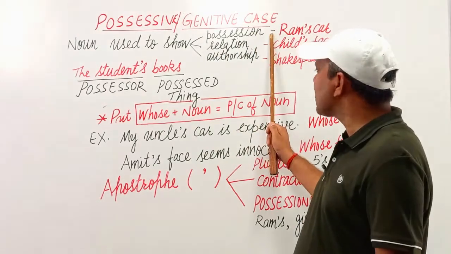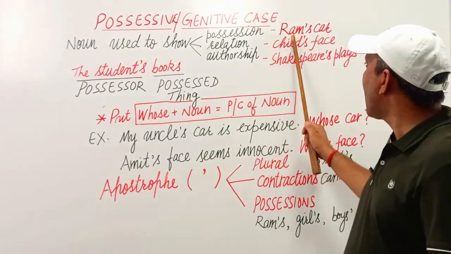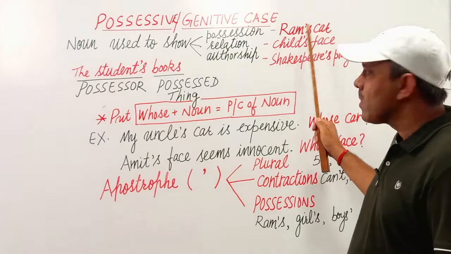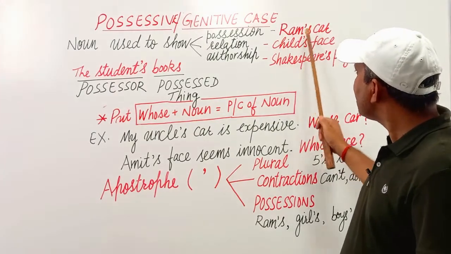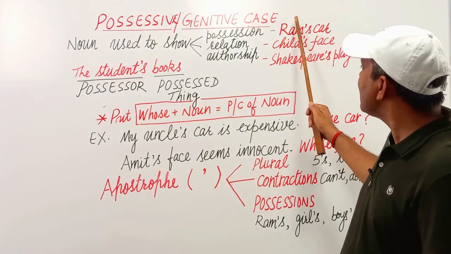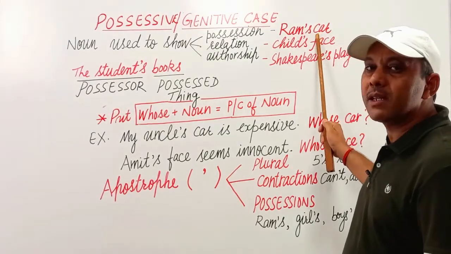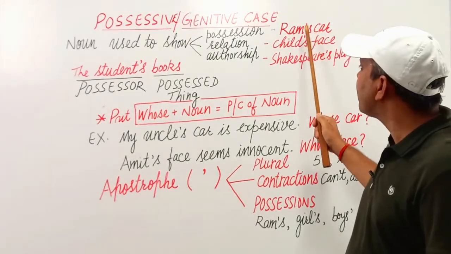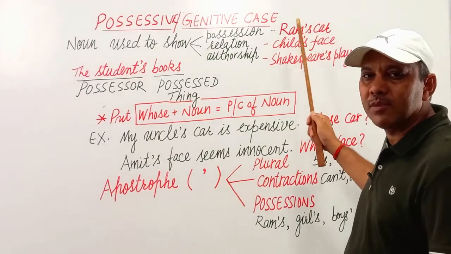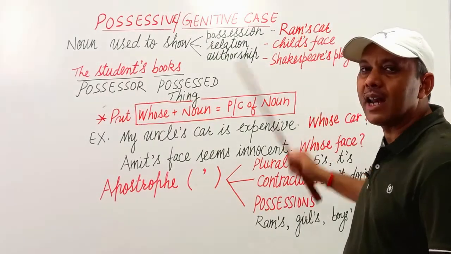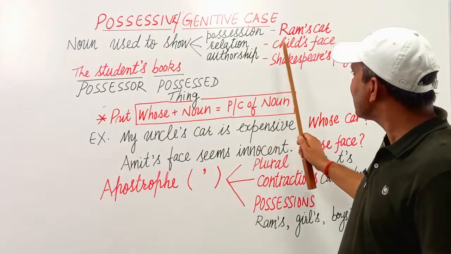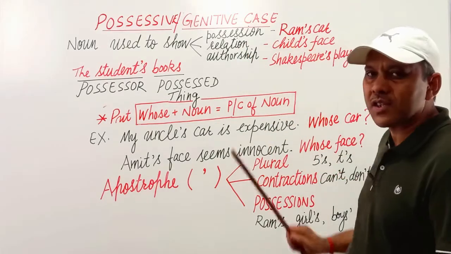This shows the possession. For example, Ram's car. This Ram is the possessor who possesses the car, and this car is a possessed thing that is possessed by Ram, that is owned by Ram. Relation. For example, child's face.